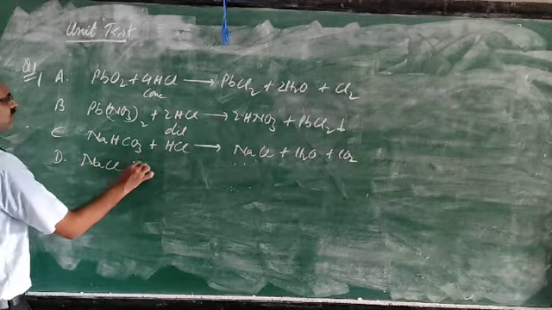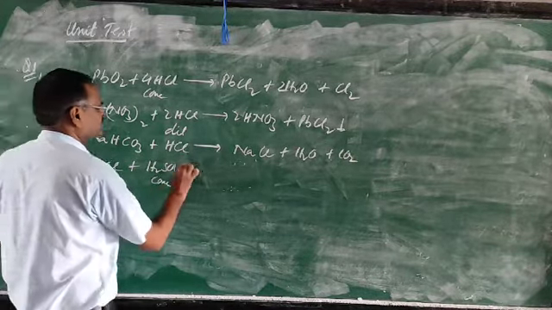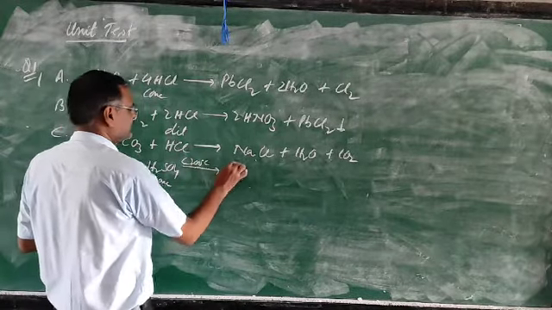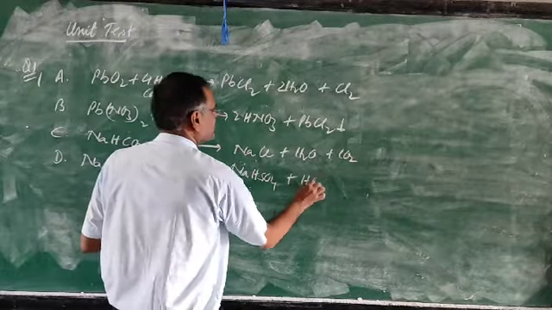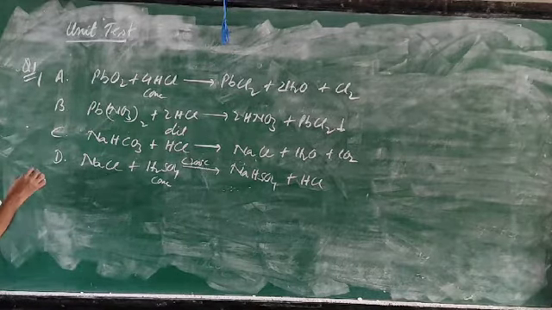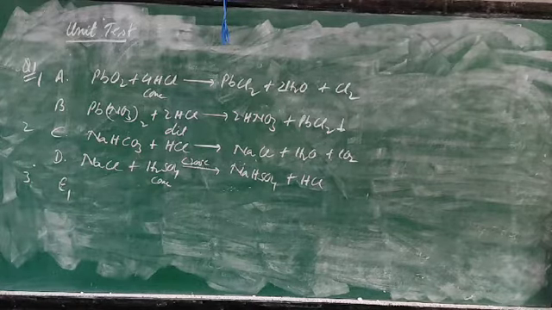Sodium chloride to sodium hydrogen sulfate. This below 200 degrees Celsius. This will form NaHSO4 plus HCl. Then this is the second. Third, E, iron to FeCl3.